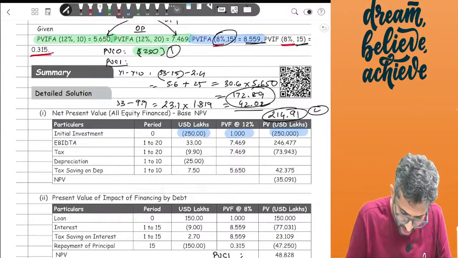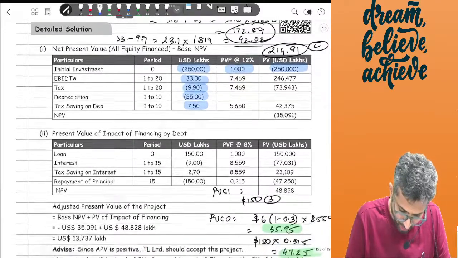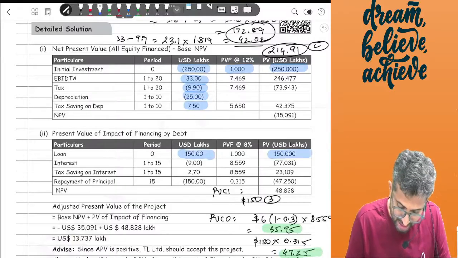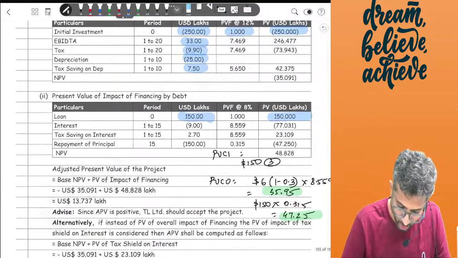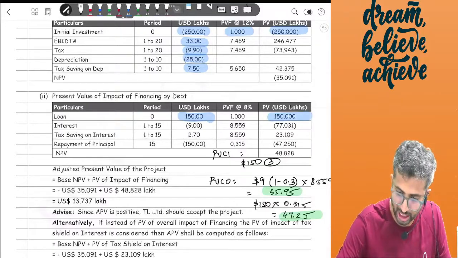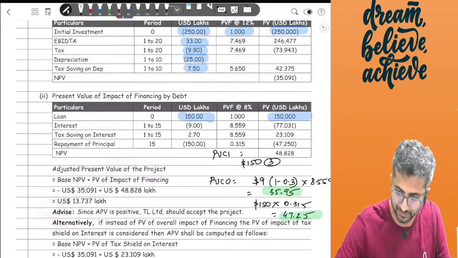This is 250. Okay, EBITDA over here, tax saving on depreciation. For financing, I'm taking 150. Interest is 9. It's not 6, it is 9, and this is I think where we are going wrong. So this is 9 into 0.7 into 8.559.